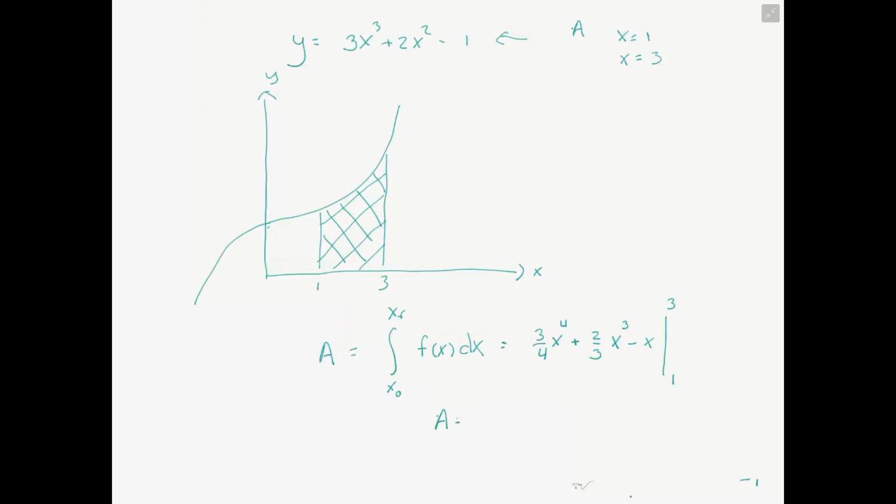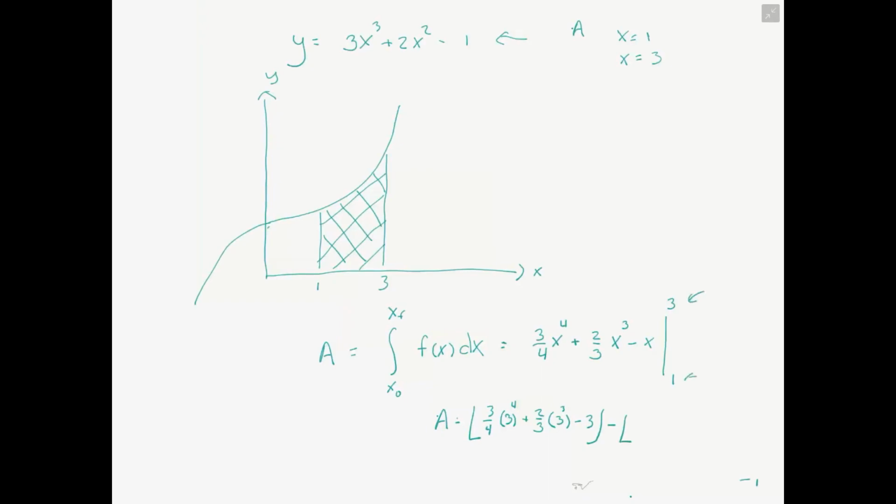So now what we do is we say that the area now is 3/4 times 3 to the fourth plus 2/3 times 3 to the third and minus 3.